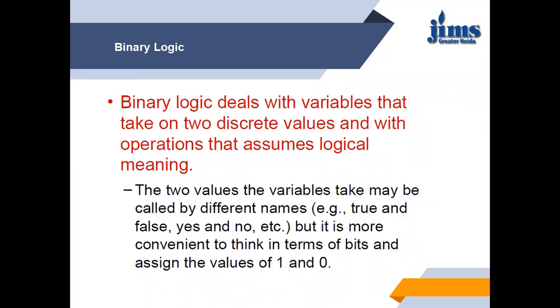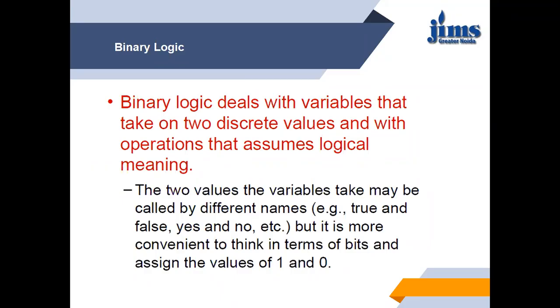The two values the variables take may be called by different names. Sometimes it is true and false, yes and no, etc. But to make it more convenient, the values of the variable will be either 0 or 1. So we can say that 1 is true and 0 is false.